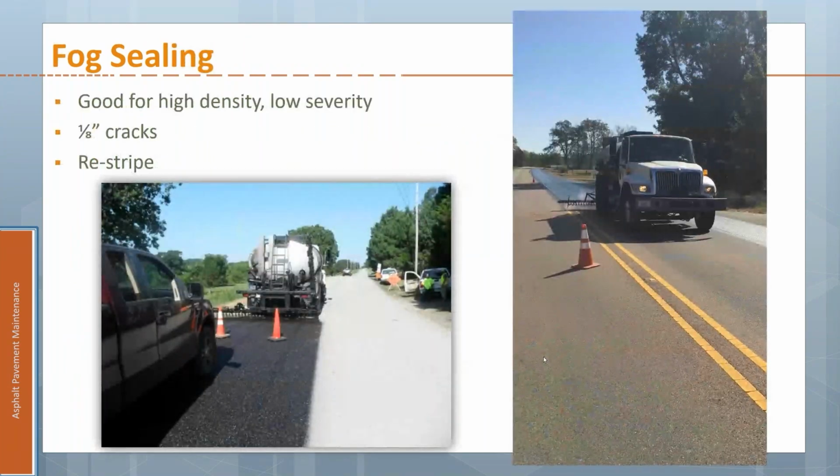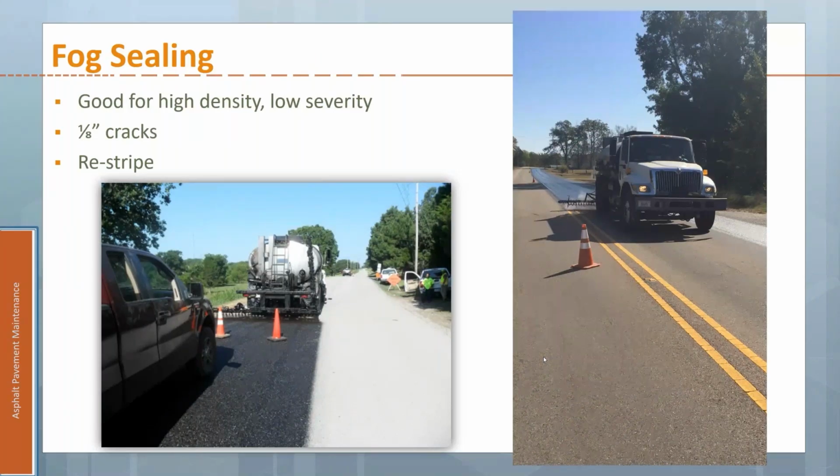All right, again, fog seal is good for those small cracks, and we're not looking at major deterioration. In fact, a lot of folks will probably wonder, why are you out there doing anything on that roadway at all? There's nothing wrong with it, especially if someone else lives on a different road that does have some serious problems. They probably wonder, why are you working on that road when mine is so much worse?